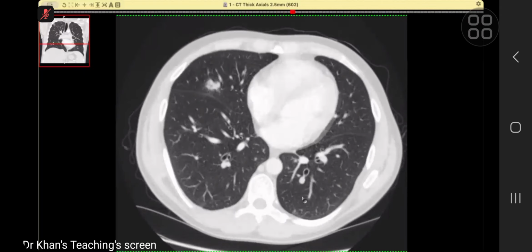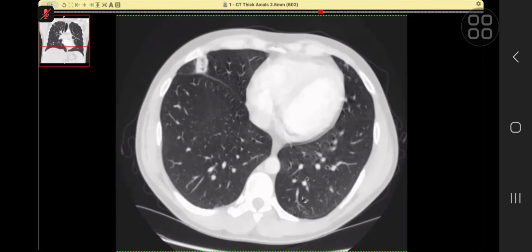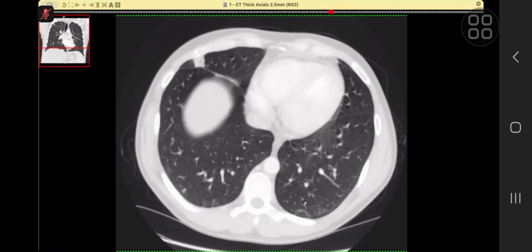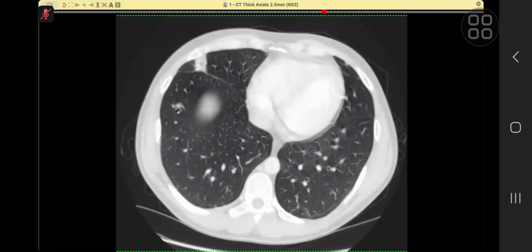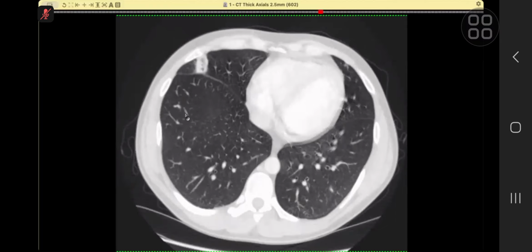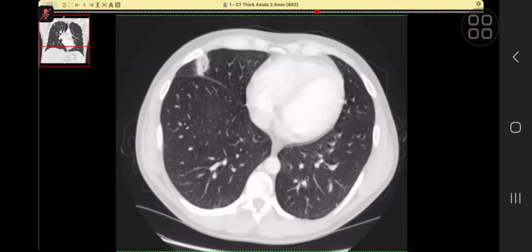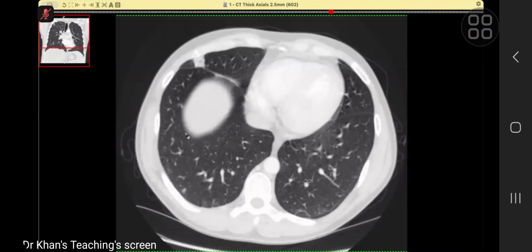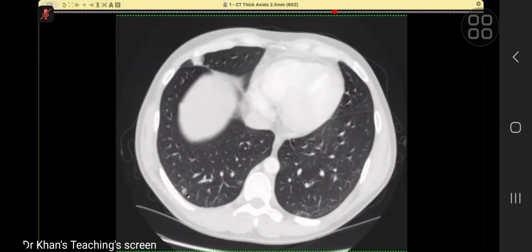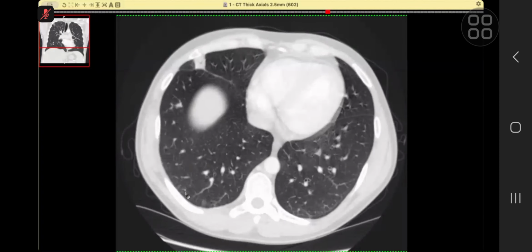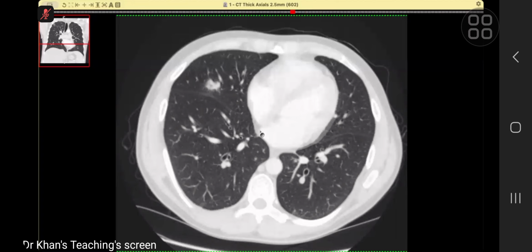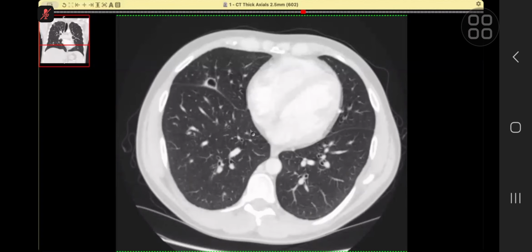If we start doing it for all lesions, most of them you can convince yourself. For example, there is a nodule here, and you will convince yourself that there is a vessel which is draining into it. Here, there is a nodule where I'm pointing out, and if we trace it, here you are, there is a feeding vessel. Same phenomenon I can show you for each and every abnormality here.